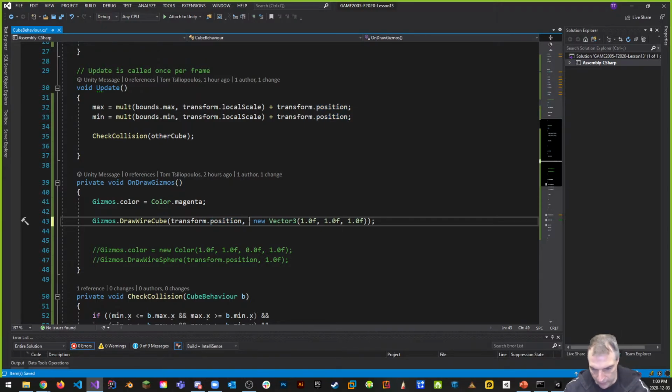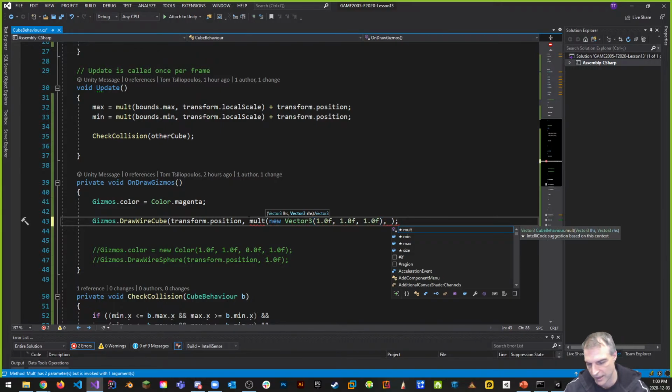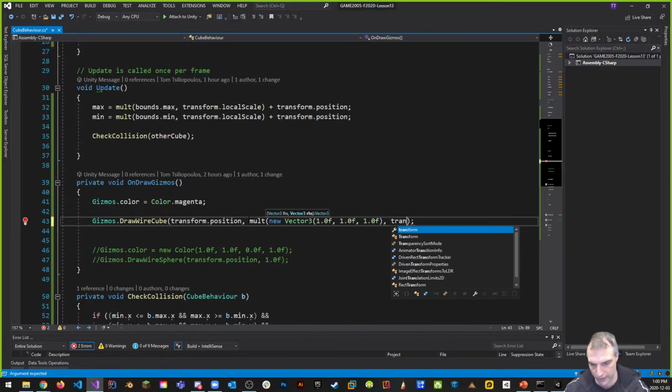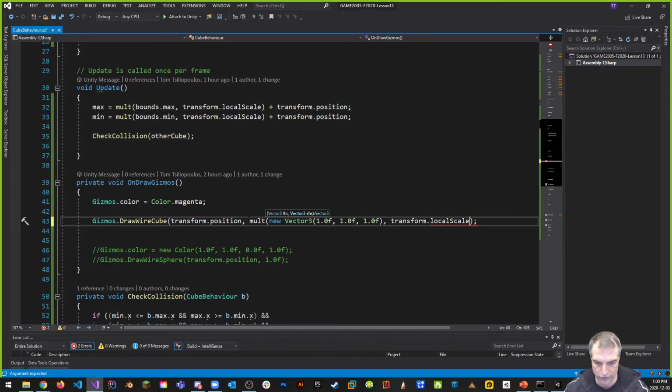So we're going to say the same thing. We're going to say mult by a new vector 3 object, because right now it's 1, 1, 1. That's the scale, really the size or the extents, multiplied by transform dot local scale. So we can actually show the changes happening in real time.